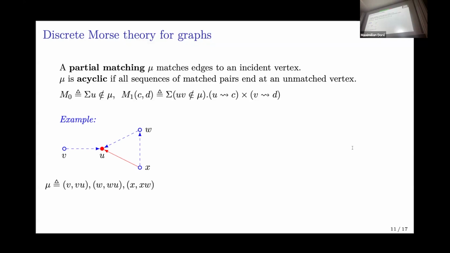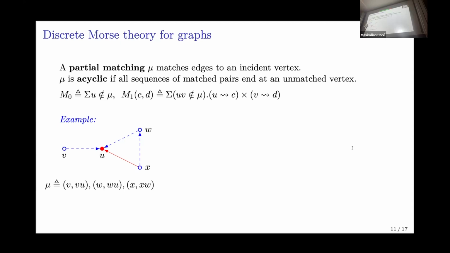This captures that we can remove these things that are matched without changing the topology of our graph, because if there was a circle and we removed that, then we would have really changed something about the topology. So this is the intuition. And then after characterizing these acyclic partial matchings, we can also characterize the Morse complex fairly directly.